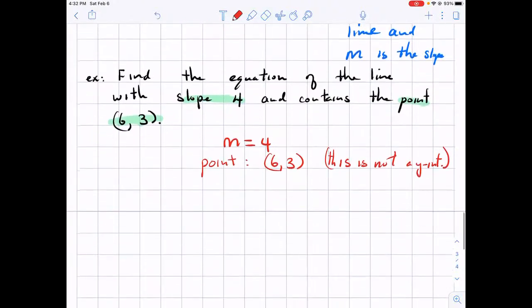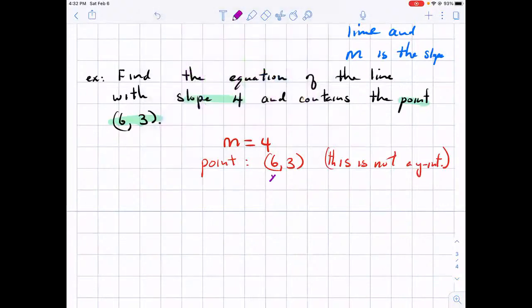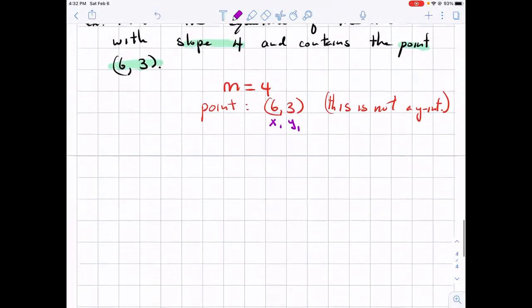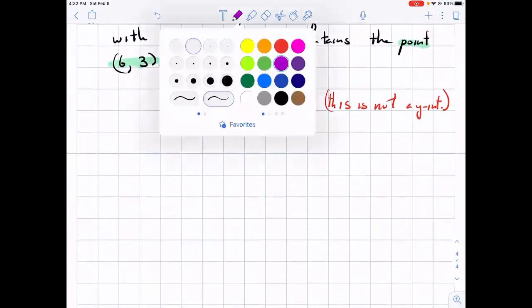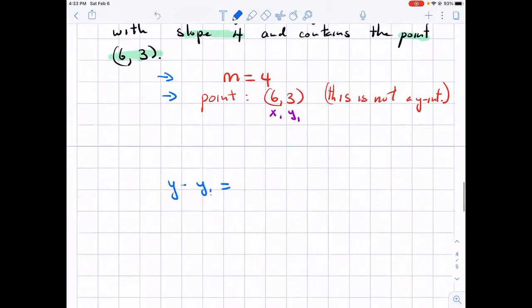Okay? So all we know is that this is x1, y1. Now I can use point slope, and the reason I'm using point slope is because a slope is given and a point is given. So y minus y1 equals m times x minus x1.